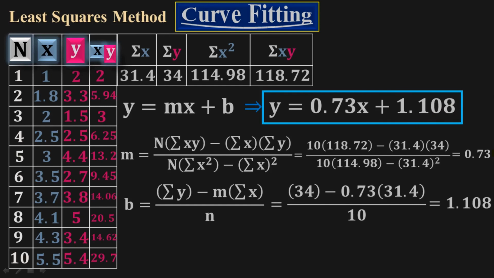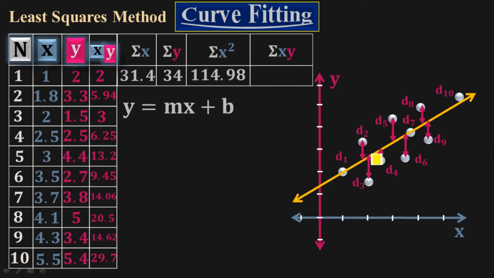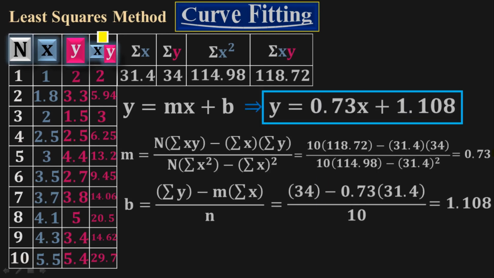So let's check it out. Yes, this curve approximately crosses the y-axis at 1.108. It's not perfectly 1.108, but approximately. So my y-intercept is here at 1.108. That's all for the first way to find the least squares method.